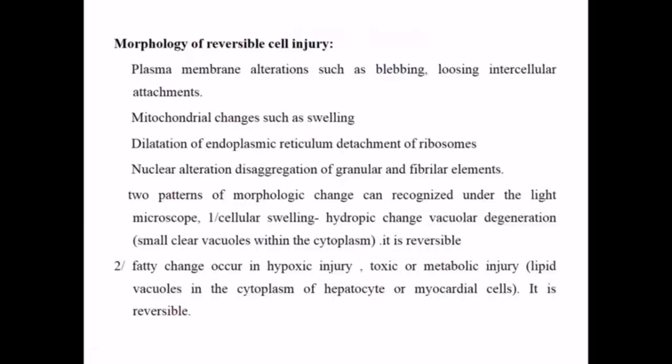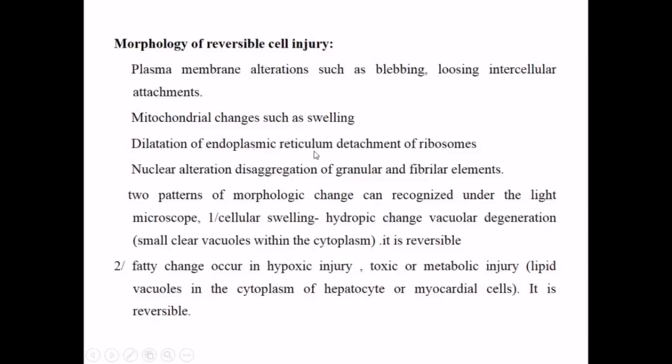The morphology of reversible cell injury. The plasma membrane alteration, changes that occur in the plasma membrane: blebbing, loss of intracellular attachment. Mitochondrial damage, change like swelling.